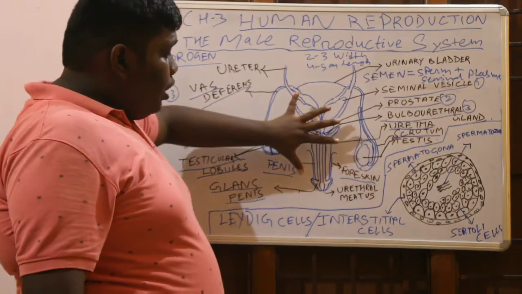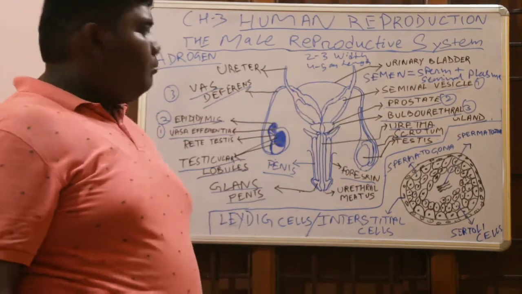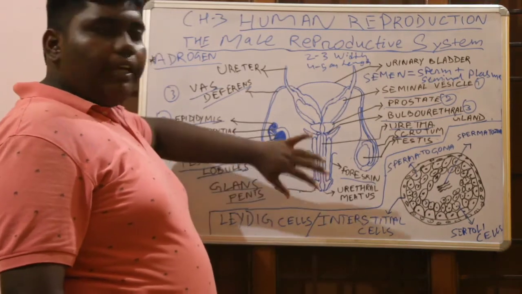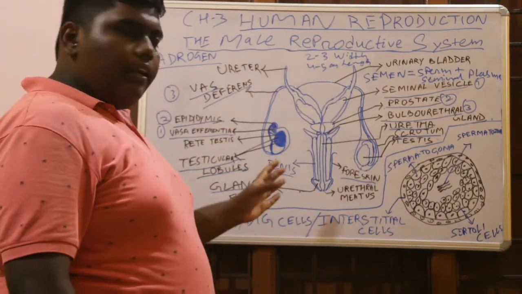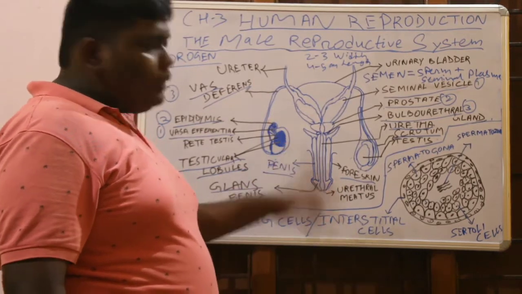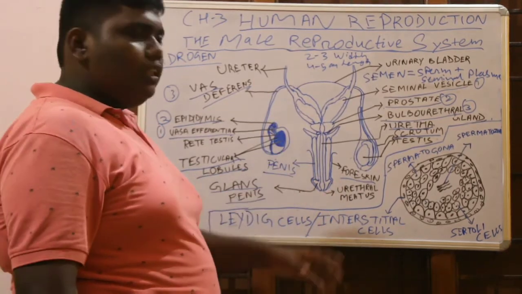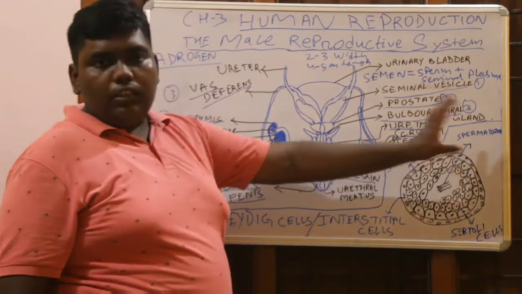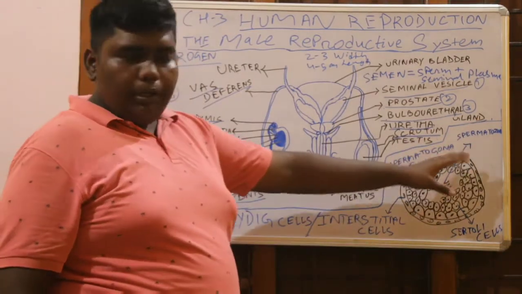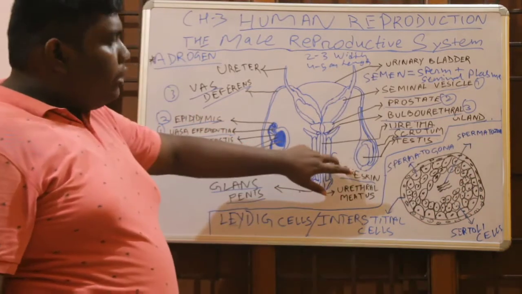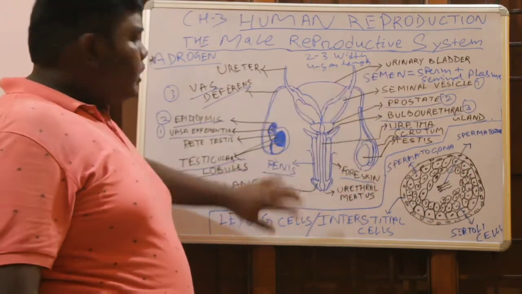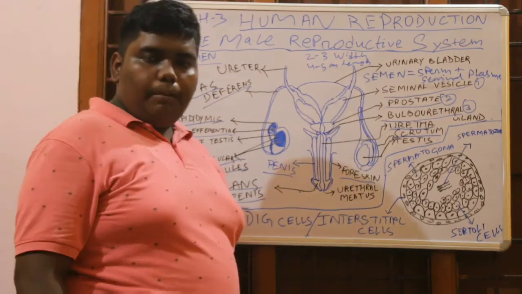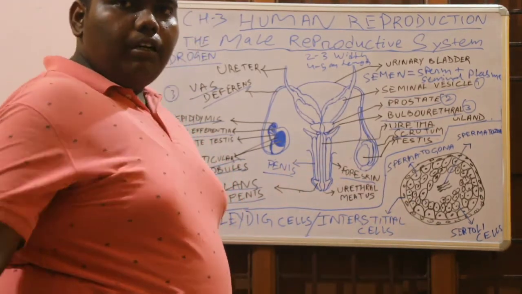You can draw a simpler structure that is easy to draw, and you need not draw any cross section for the testes, or draw these testes in such a detailed manner. Okay, next we will read about the female reproductive system.